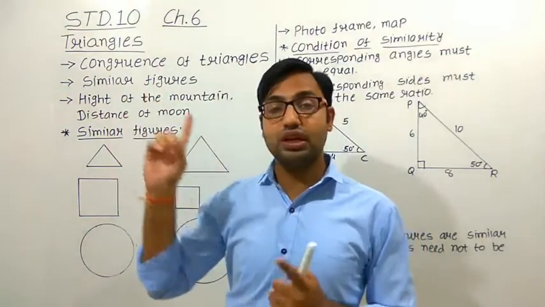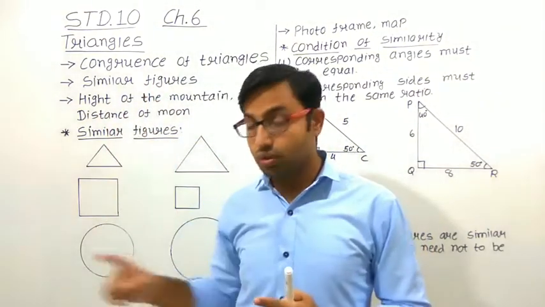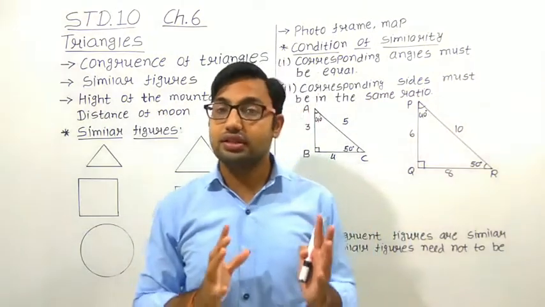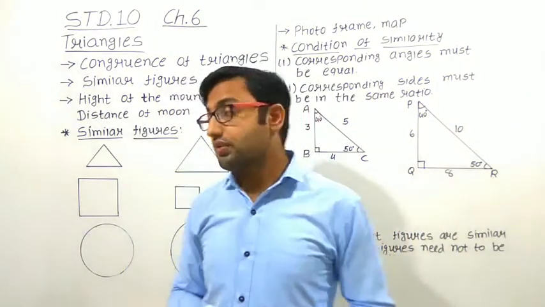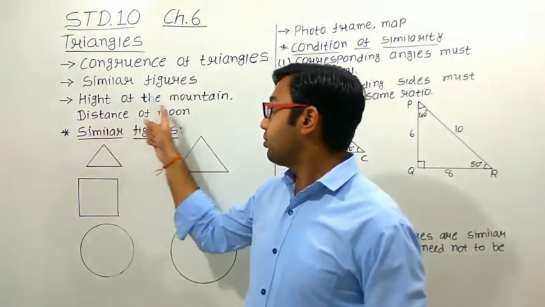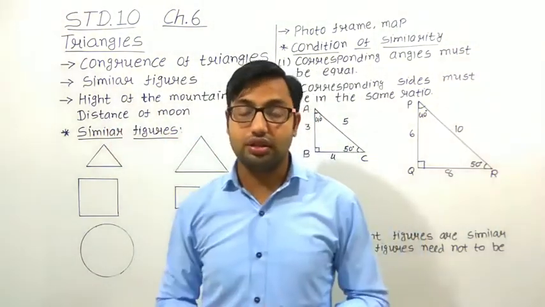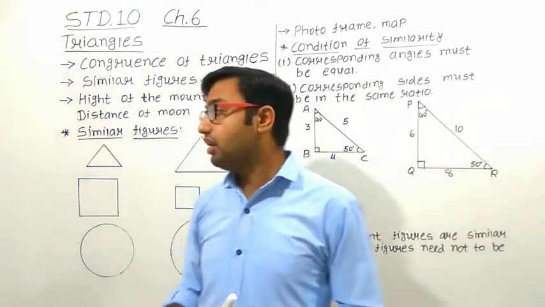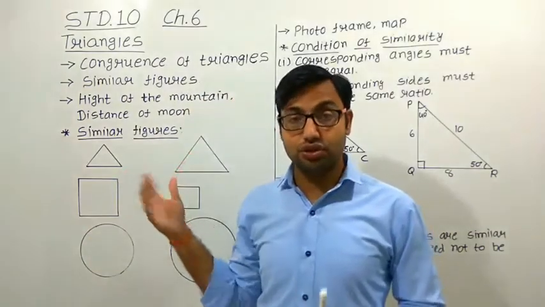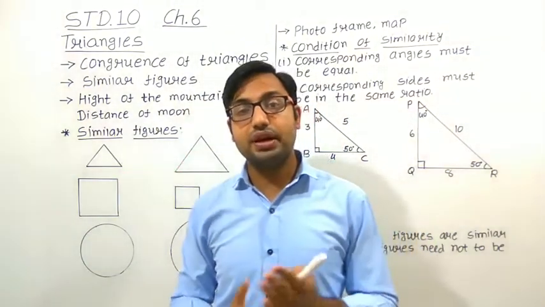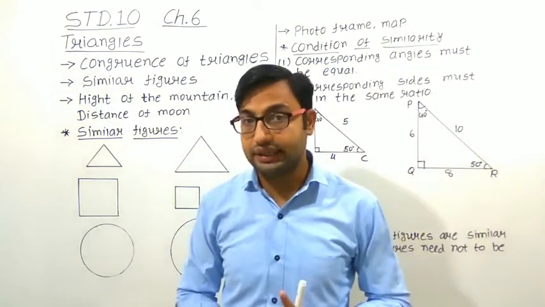But we must keep in mind that all three angles must be the same. By this concept, we can measure the height of the mountain or the distance between the moon and the earth. This kind of practical example you will study in chapter number 8 and chapter number 9.